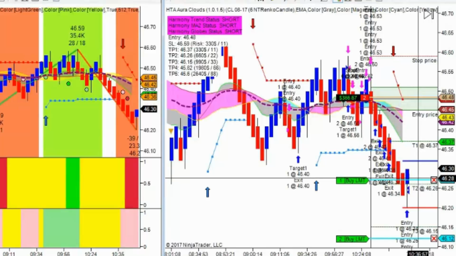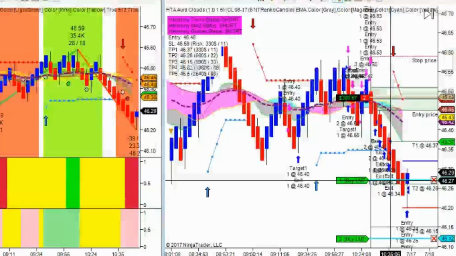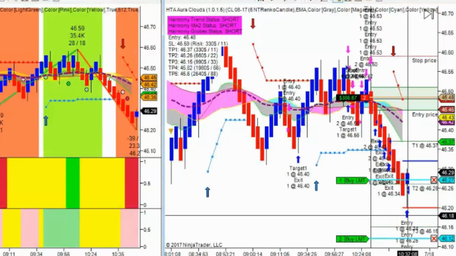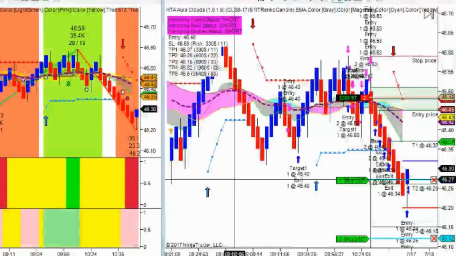If this thing reverses, then you're gonna see the price jump up to 35 in no time. So I gotta be very careful here. Let me just move that order around.